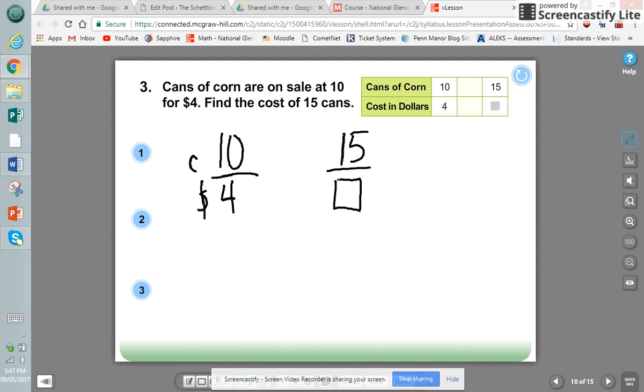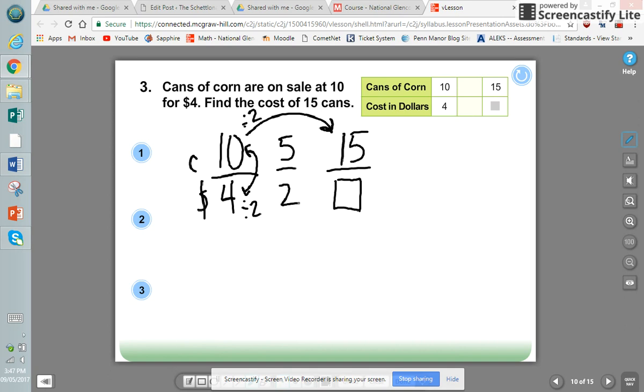The numbers are getting bigger, going from 10 to 15, but there's no whole number I'm going to multiply times 10 to give me 15. I could do a thing called scaling. I do see a relationship between the 10 and the 4. They have common factors. I'm going to say common factor of 2. So what if I divided both by 2? 10 divided by 2 is 5, and 4 divided by 2 is 2.